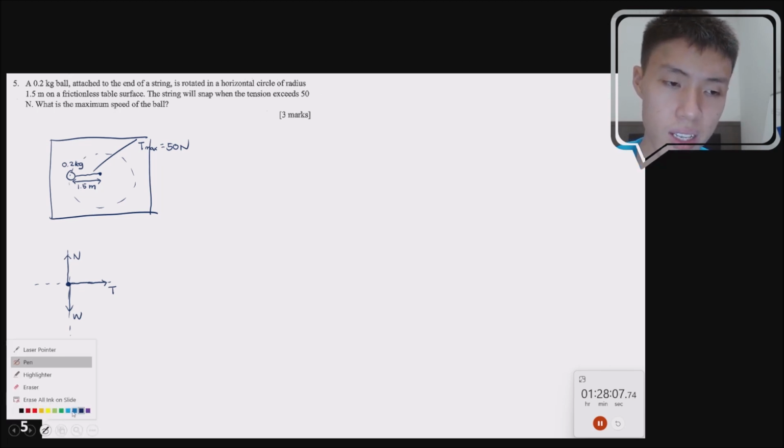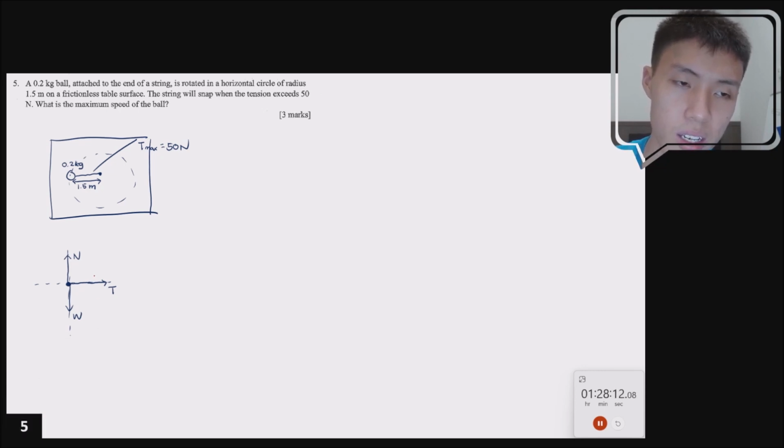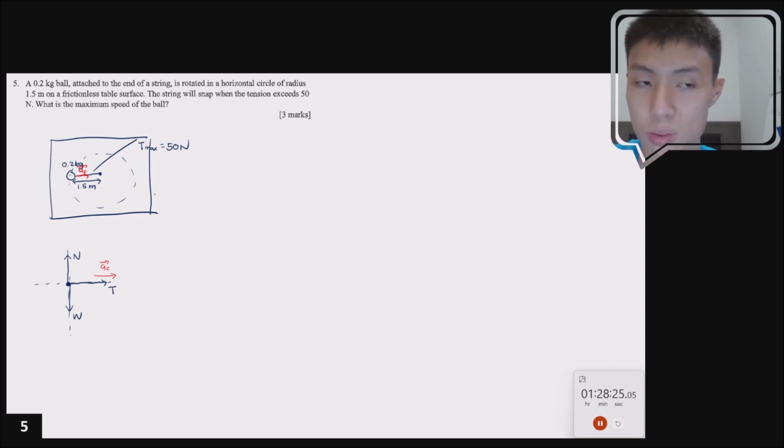We know that the net force will be here, and this will be the direction of our centripetal acceleration. Centripetal acceleration is always pointing towards the center of the circle, and that's also the direction of the centripetal force. Centripetal force is actually just a fancy name for net force.